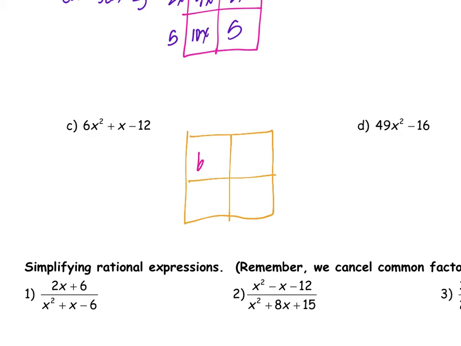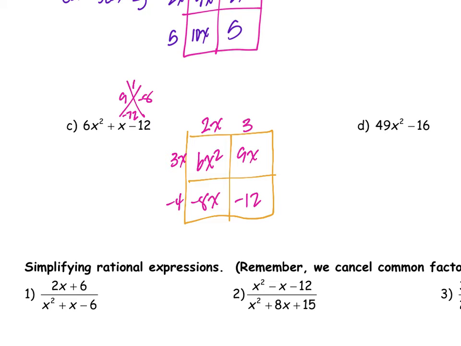So I've got 6x squared minus 12. So I need, it's going to add to be 1 and multiply to be negative 72, which is 9 and negative 8. 9x, negative 8x. So 3x, negative 4, 2x, and 3.